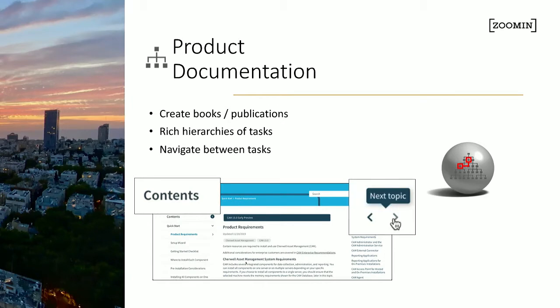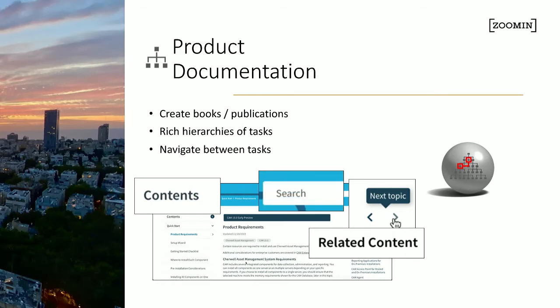Okay? You might go next topic and previous topic to navigate your publication, or you could perhaps have a list of related links. And those related links could be in relationship tables or however you want to do them, but that related content is also part of navigation.